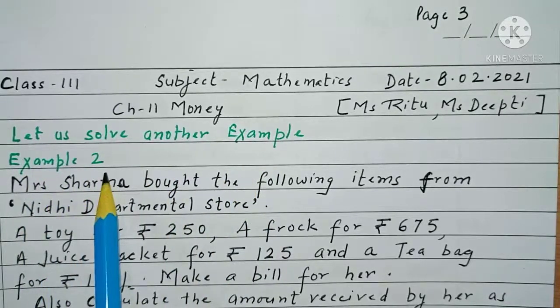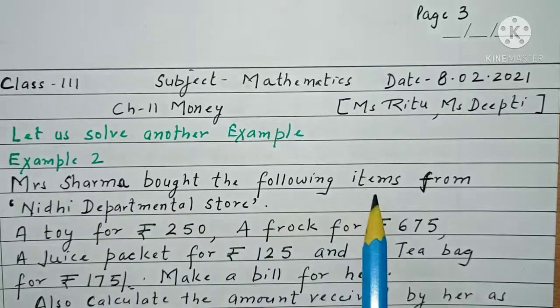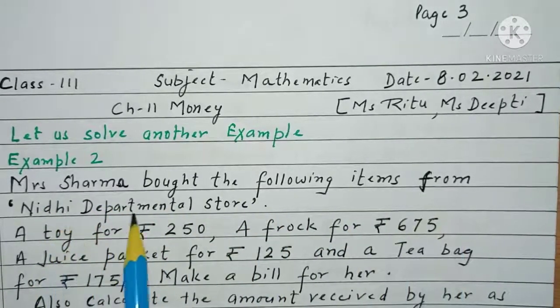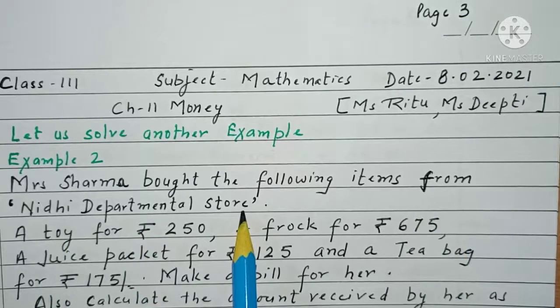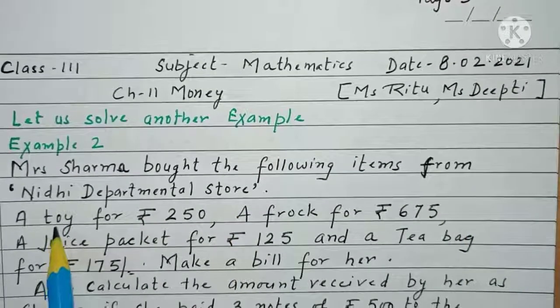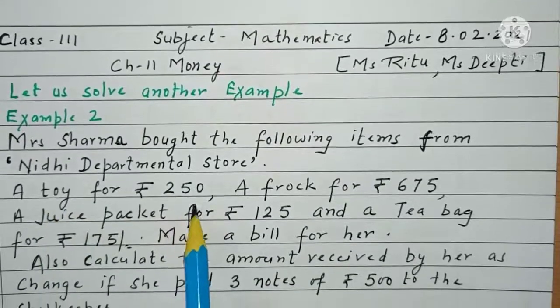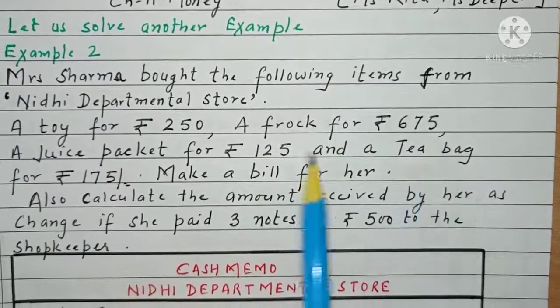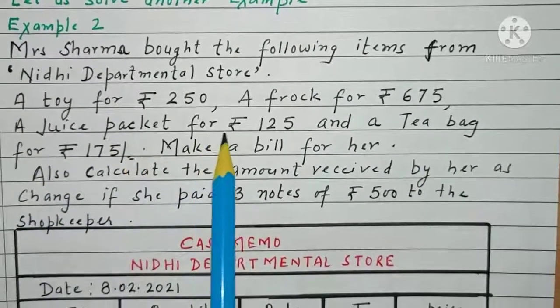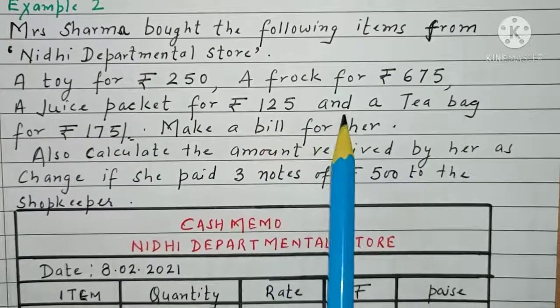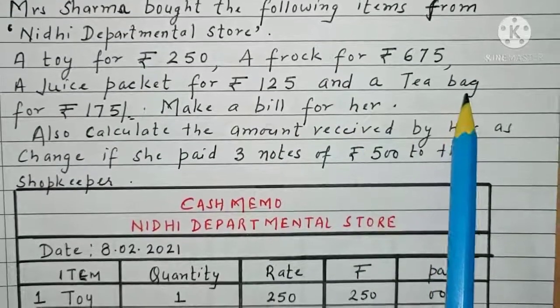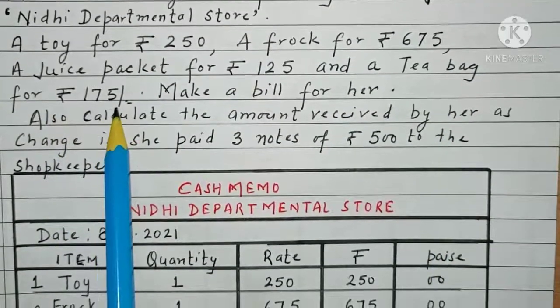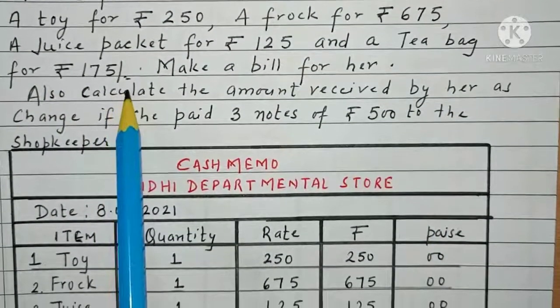The example 2. Mrs. Sharma bought the following items from Nidhi Departmental Store. The items are a toy for rupees 250, a frock for rupees 675, a juice packet for rupees 125, and a tea bag for rupees 175.